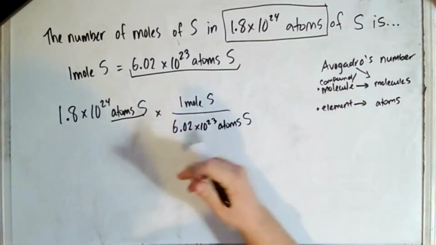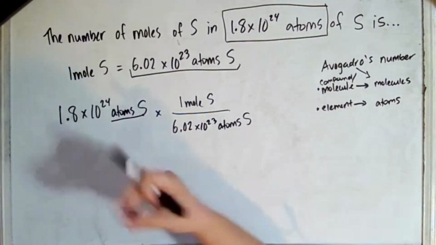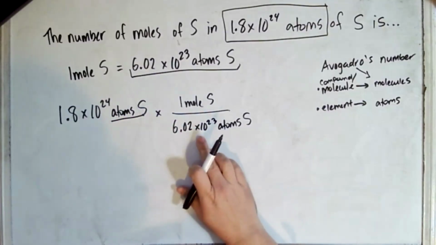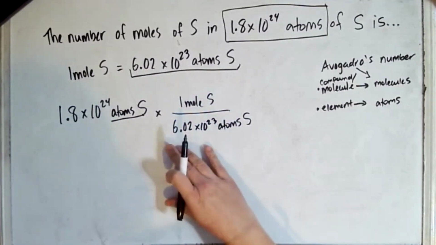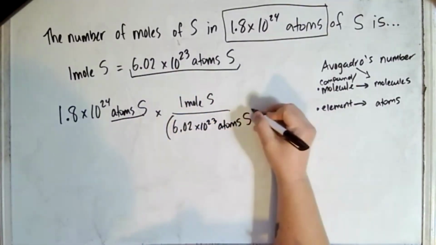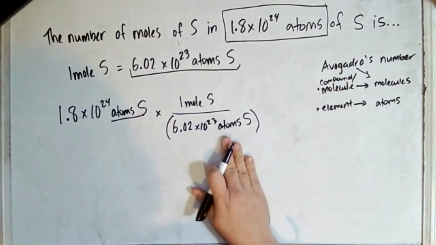When you're solving this out, remember that things on the denominator part of your conversion factor are going to get divided. So when you're putting this in your calculator, it's going to be 1.8 times 10 to the 24 divided by 6.02 times 10 to the 23. I would also recommend that you use parentheses around this value.